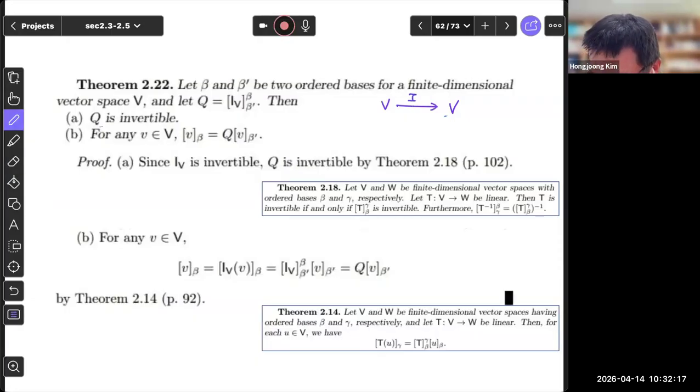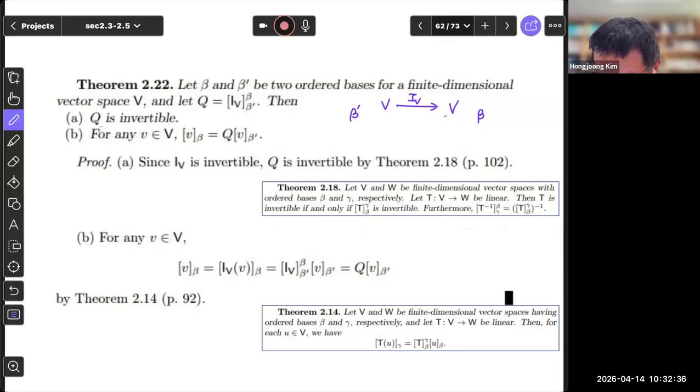So the identity mapping is considered, but we consider two different bases: beta prime as a basis for the domain, and beta as a basis for the codomain.